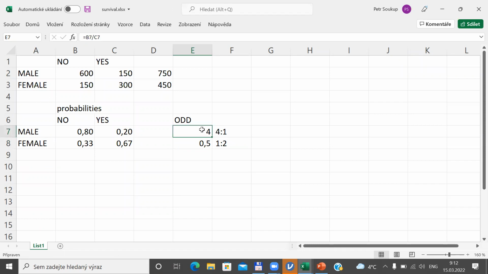So I will take 4 divided by 0.5, or in other words, fractions 4 divided by 1, divided by the second fraction 1 divided by 2. If you remember the rules for division of fractions from mathematics, the final result would be 8 divided by 1.